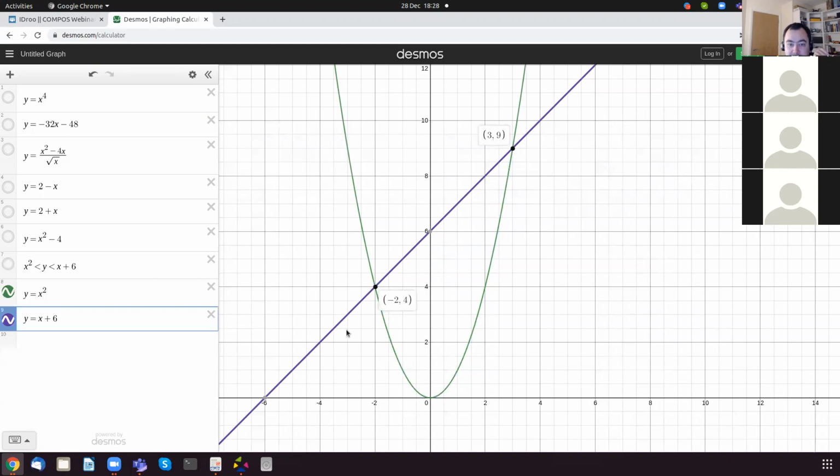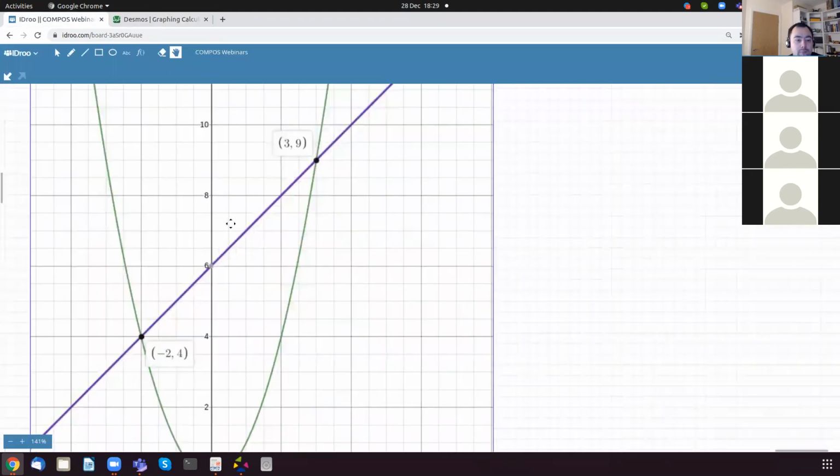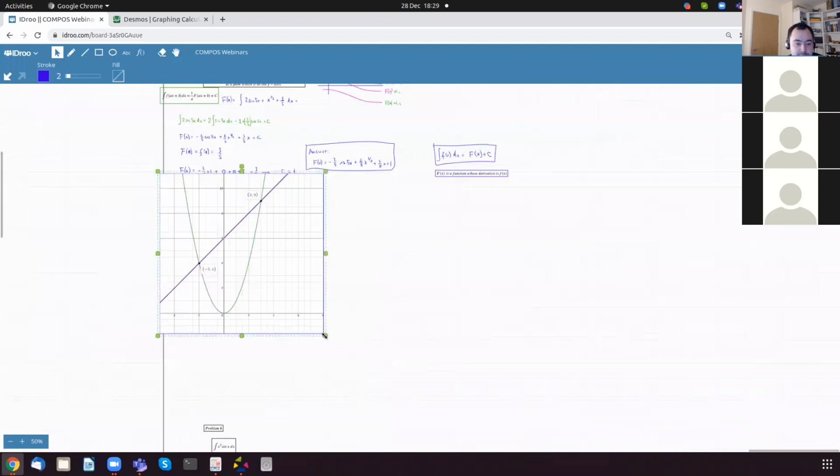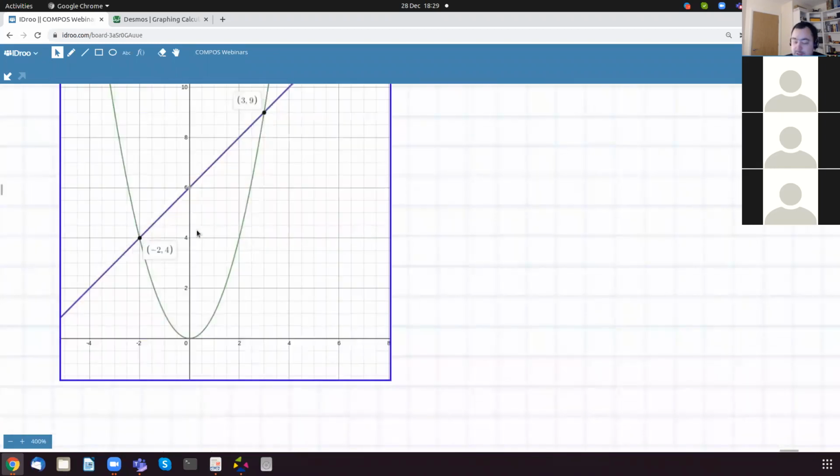And we know that the area under the curve is equal to the integral between limits. So what we need to do is to find this area. There are several ways to do this, of course.